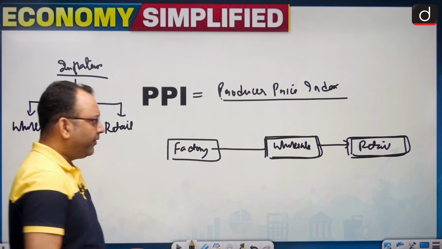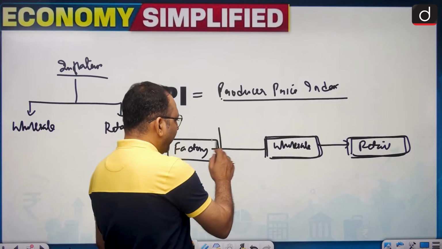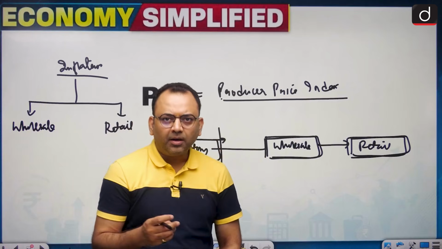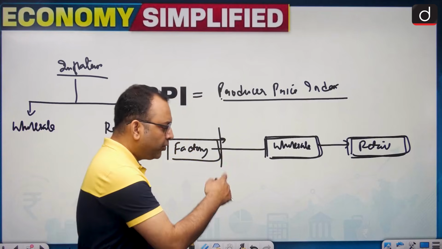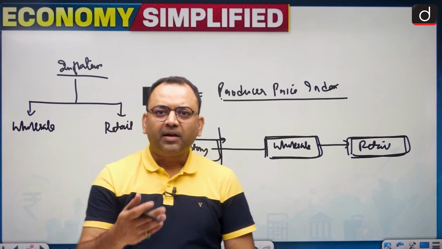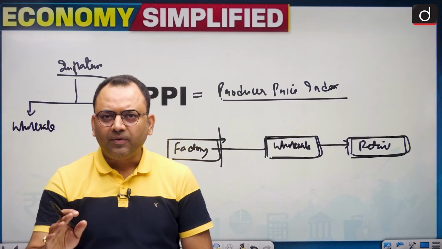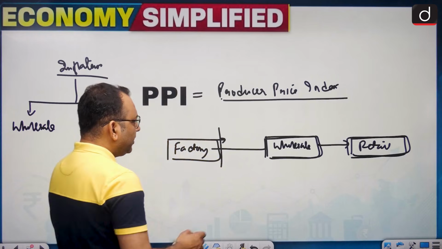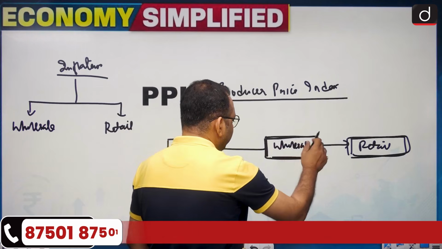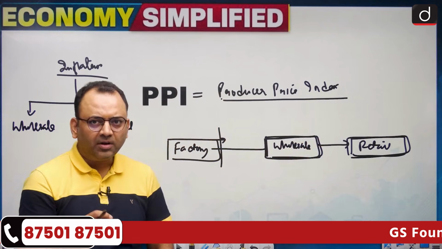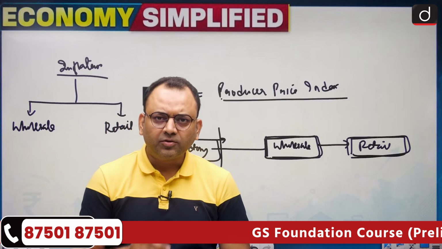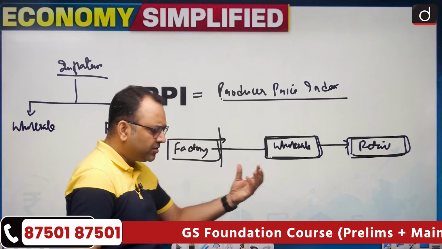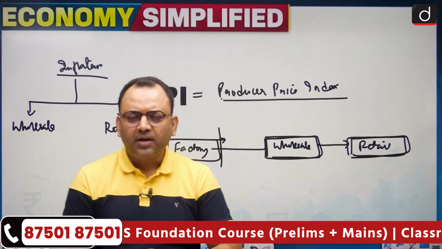The problem is that when the goods leave the factory gate, taxes are added, the transport is added, some delays are added, and they all contribute to inflation. So the wholesale price index, which measures the price change at the wholesale market, is not just a measure of the inflation, but also a measure of the system, a measure of the transport cost, right?